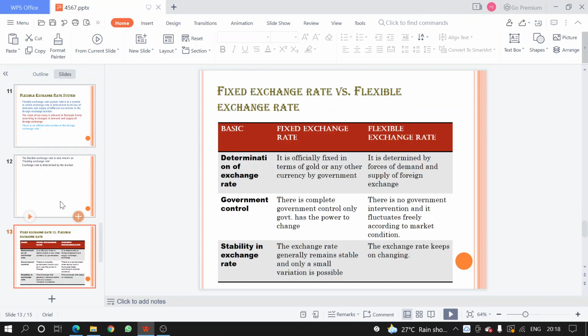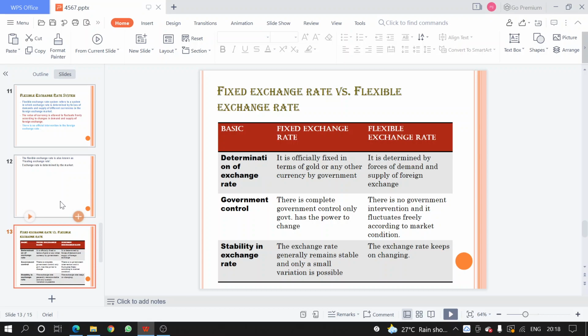Now, we can again differentiate between the fixed exchange rate and the flexible exchange rate. Here, the basis is the determination of the exchange rate. The fixed exchange rate, as we have already seen, is officially fixed by the government, whereas the flexible exchange rate is fixed by the market forces with the help of demand and supply. Now, the basis is government control.